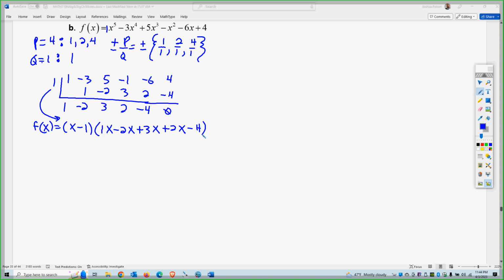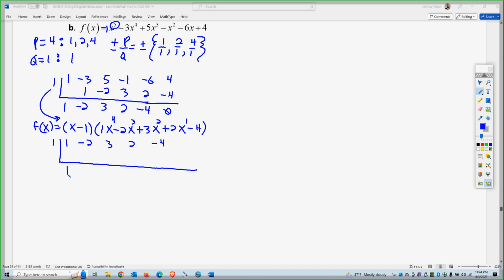So the original problem was a fifth, right? So now this is 4 because we took 1 out. Okay, so I saw that it bounced off the graph, which tells me its multiplicity, right? Because if it goes through, it's odd. If it bounces off, it's even, right? So 1, -2, 3, 2, and -4.